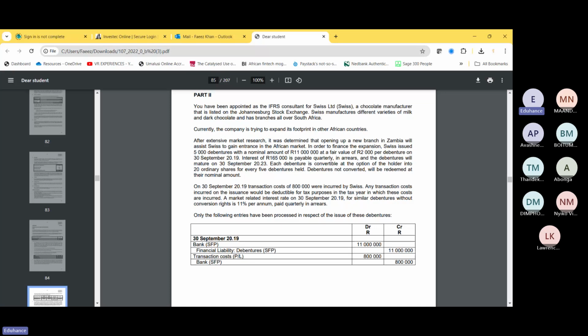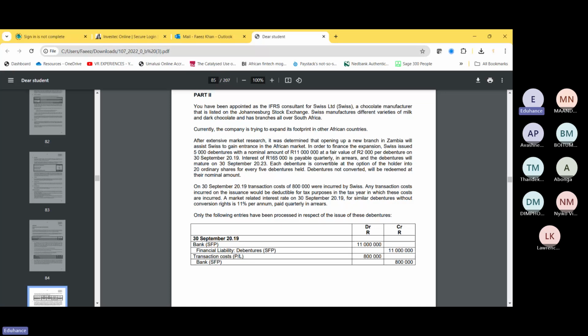We only make use of the nominal amount when we work out the interest. But when we are dealing with day one, with initial recognition, we must distinguish between the fair value and the physical cash flow. In this case they are the same, therefore there will be no day one gain or loss.